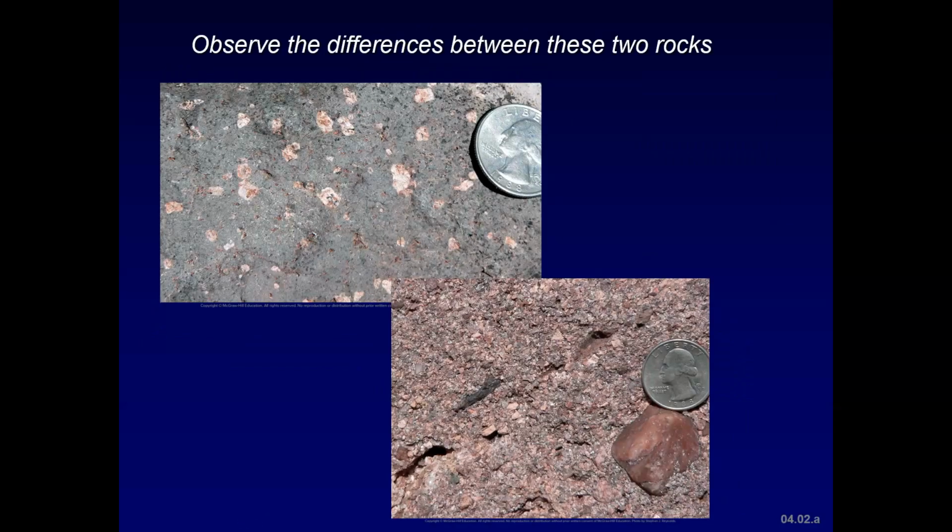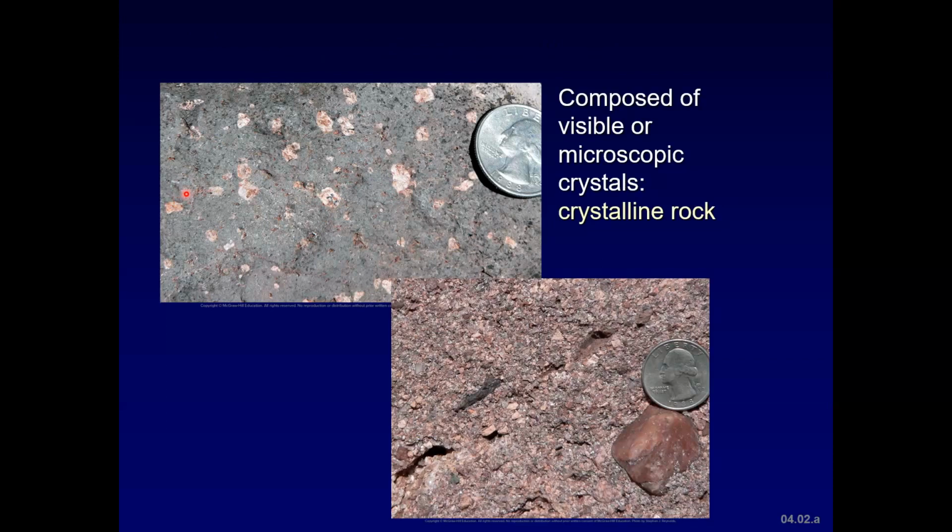So there's some differences between these two rocks. The top rock has light colored crystals within a gray matrix. This is a crystalline rock. It typically forms from igneous processes, from metamorphism, or from precipitation from hot water, like a hydrothermal rock.